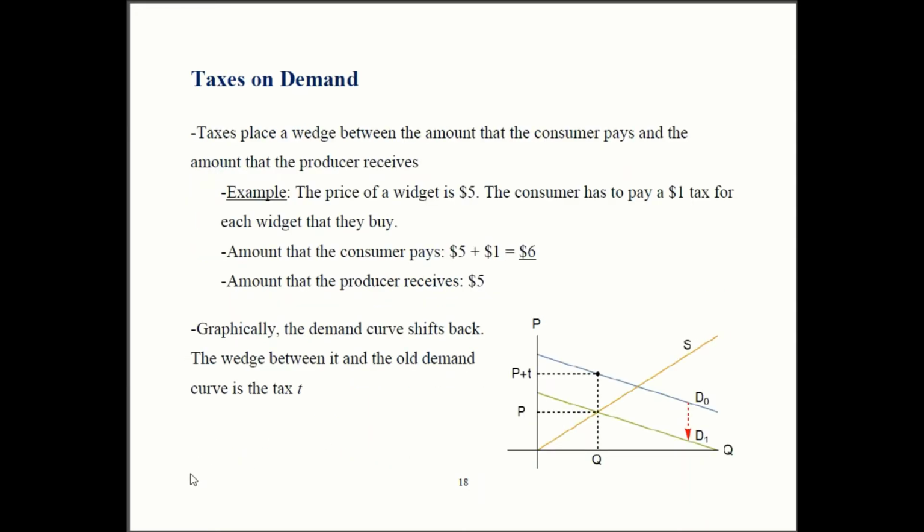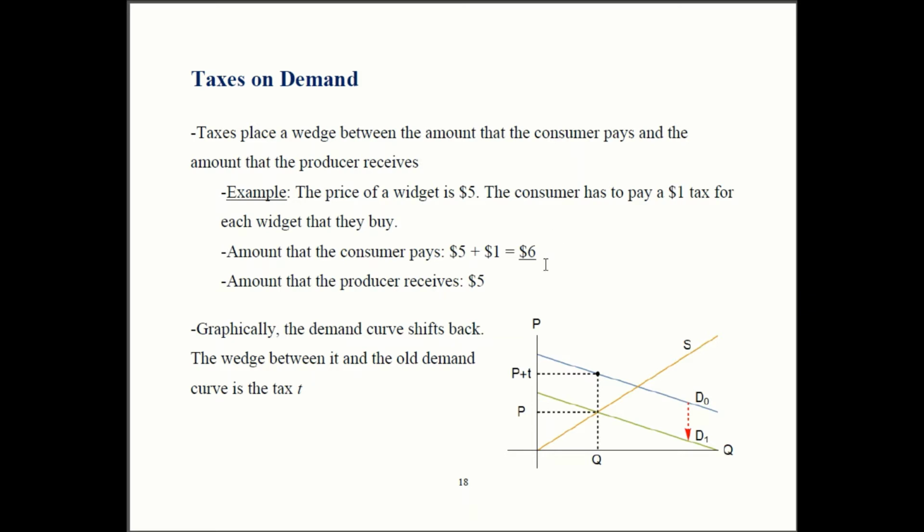A key idea is that a tax places a wedge between the amount the consumer pays and the amount the producer gets. Let's say we're looking at a tax on the market for widgets. Maybe the price is $5. On top of that, our consumer is paying a $1 tax. So how much money comes out of the consumer's pocket? They're paying $5 for the widget, and another $1 in taxes.